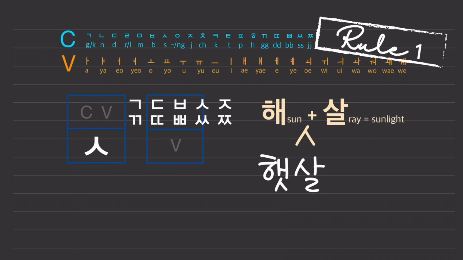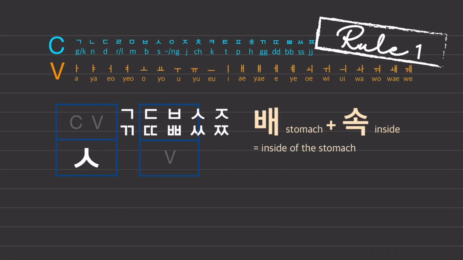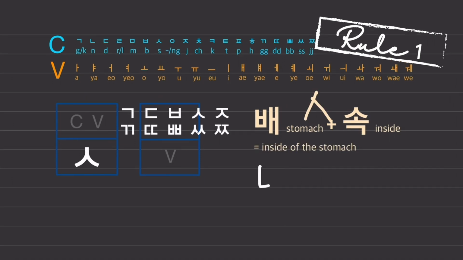When we read it, 시옷 in the second letter becomes stronger, and 받침 시옷 is dropped. 햇살. And second example, 배 is a stomach, and 속 means inside. So when we say inside of the stomach in Korean, it's 뱃속. Can you see how it works?